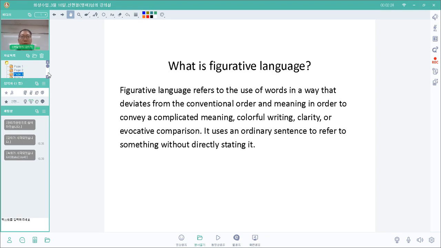What is figurative language? Figurative language refers to the use of words. As you know, figurative language is also the use of language. The difference is it deviates from the conventional order and meaning. Deviates means differ.